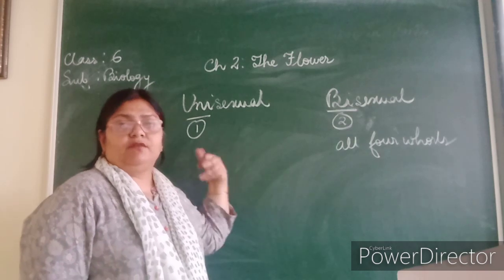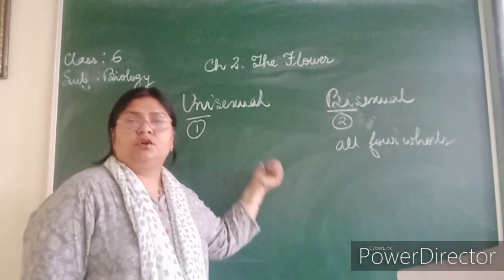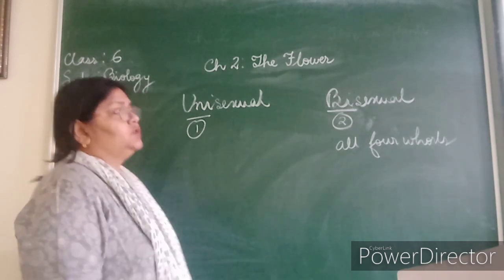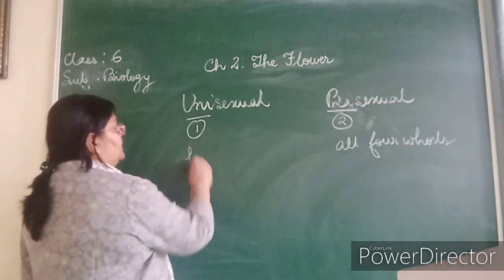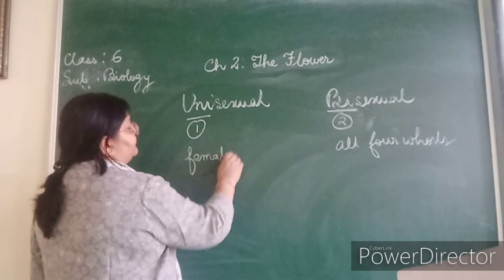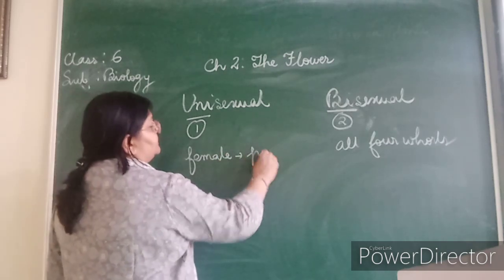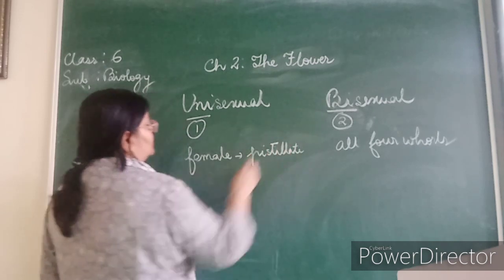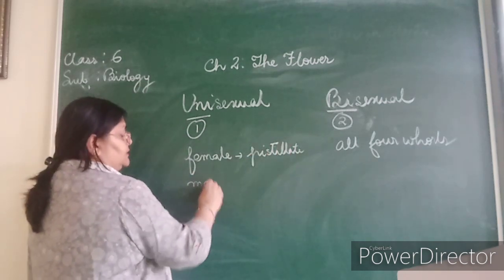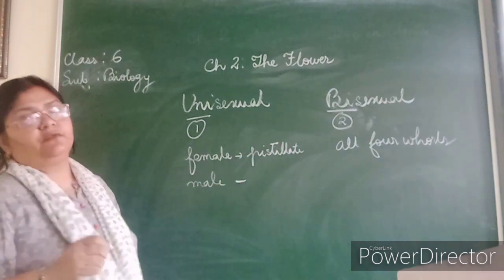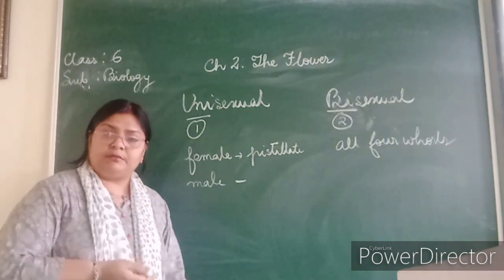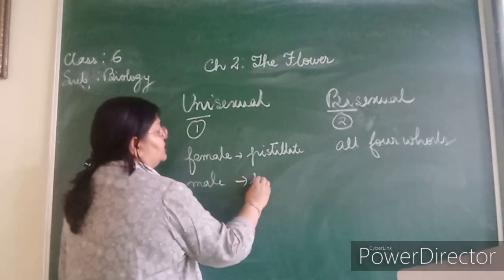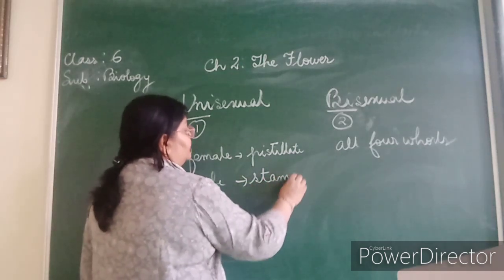Either it might have the female part or it may have the male reproductive part. So if it has only the female reproductive part, then it is called a pistillate flower. Okay, and if it has only the male reproductive part and the female is absent, then it is called a staminate flower.